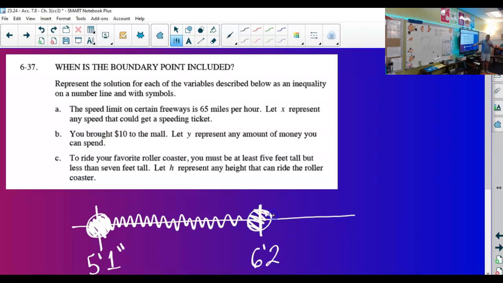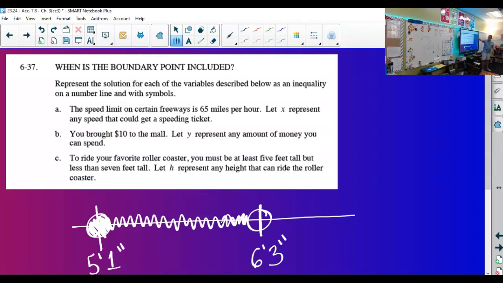But what if instead of 6'2", I made it 6'3", which I am not? Are any of you 6'3"? No. Then we would not shade at this point because nobody is that tall in this room.